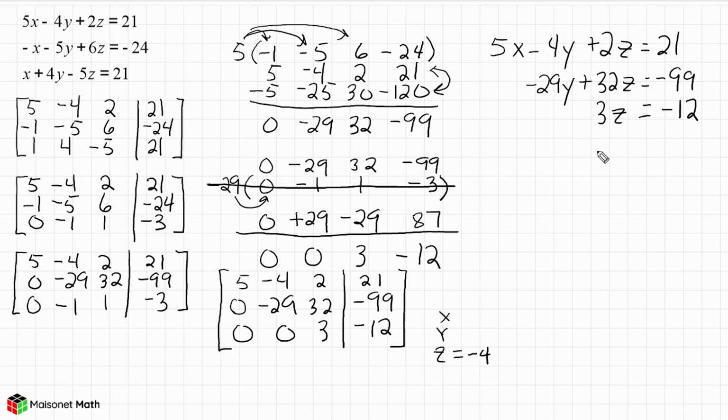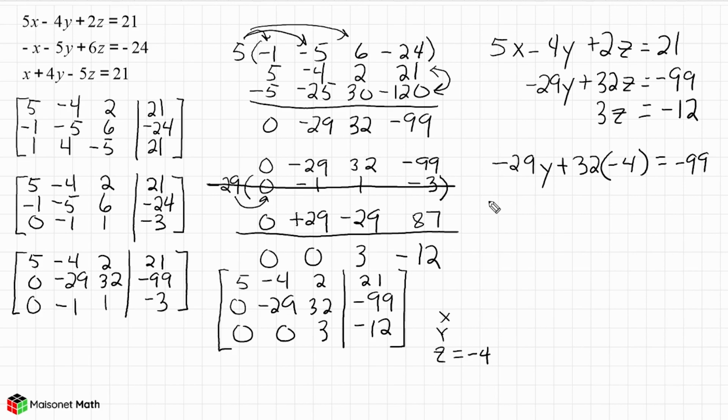All right, now that we know that z is negative 4, we're going to take our second equation here, negative 29y plus 32z equals negative 99, and we're going to substitute z with negative 4.